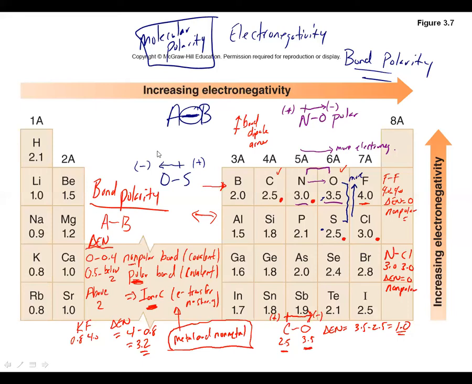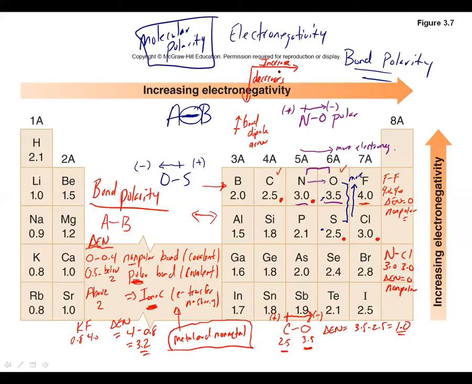So there's a lot of cases where you can just use the general trend on the periodic table for electronegativity, which again is that electronegativity increases as you go to the right and decreases as you come down.